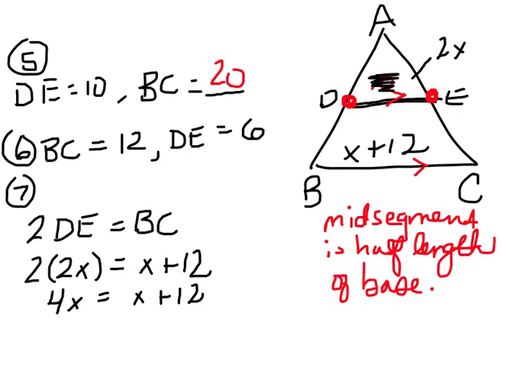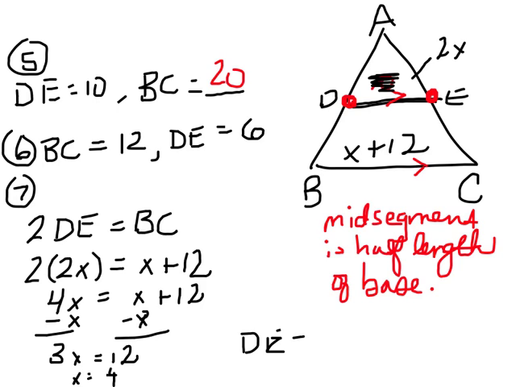If I want to solve for x, I could subtract x from both sides, which would be what? 3x is 12. So x is, divide both sides by 3, it would be 4, right? So x is 4, but they wanted to know what DE is. DE was 2 times x, right? So that's going to be 2 times 4. So DE would be 8, okay?